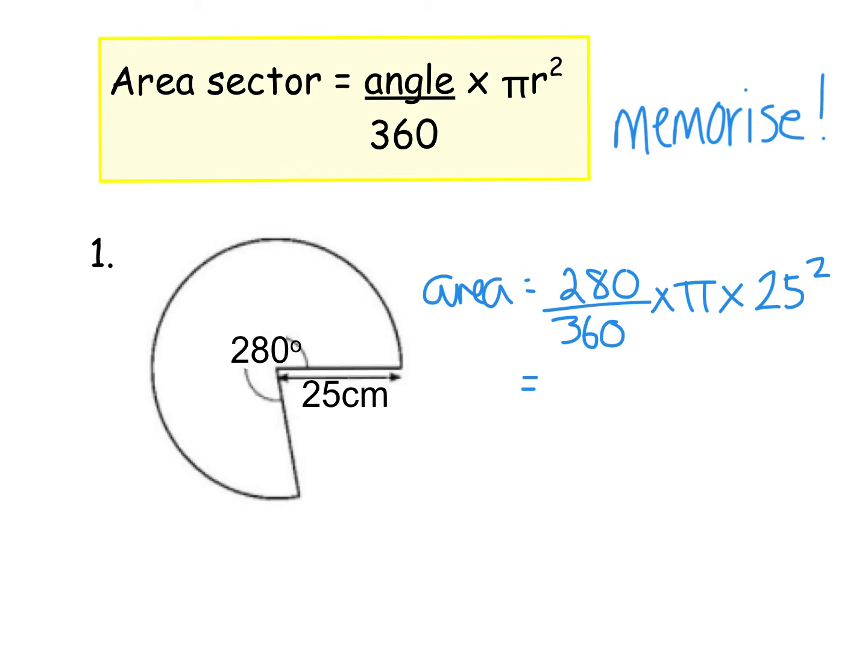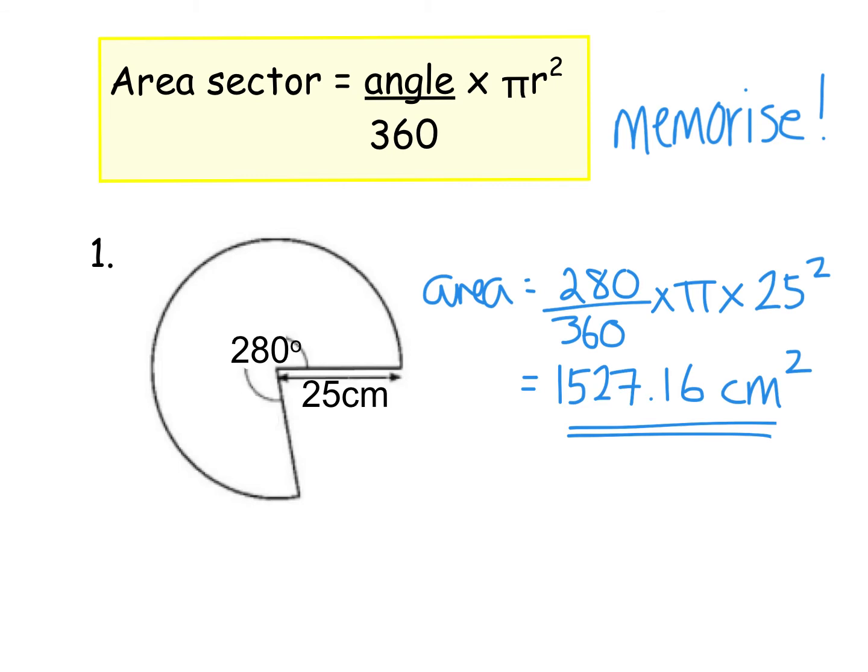That's what I do, and then you should get an answer of 1527.163. I'm a 2 decimal place fan, so that goes to 16, and it's square centimetres at the end because we are talking area. And that's it, dead straightforward.